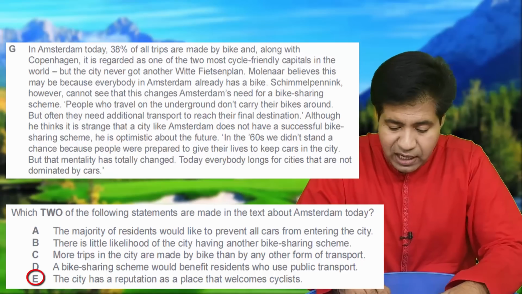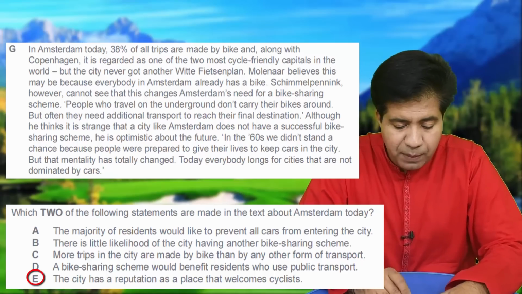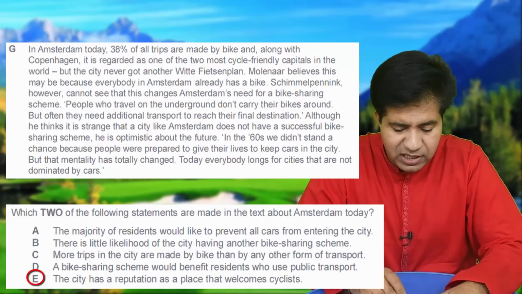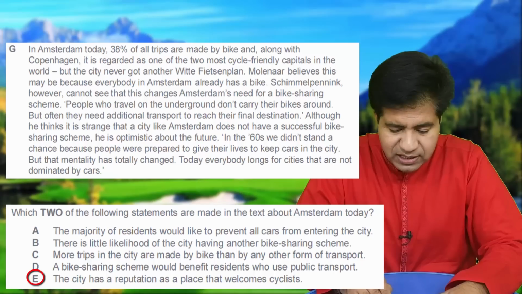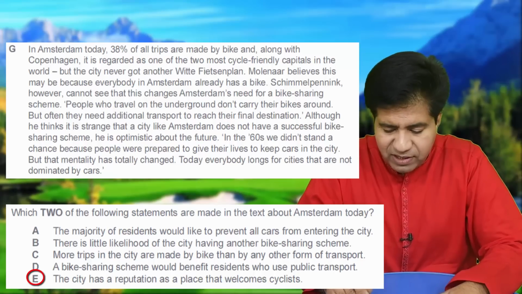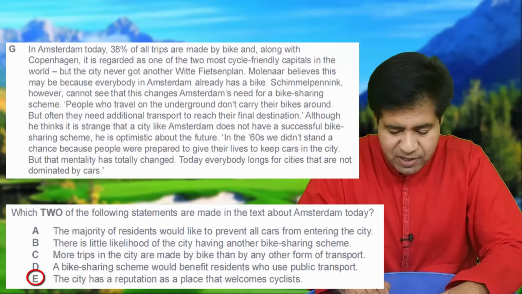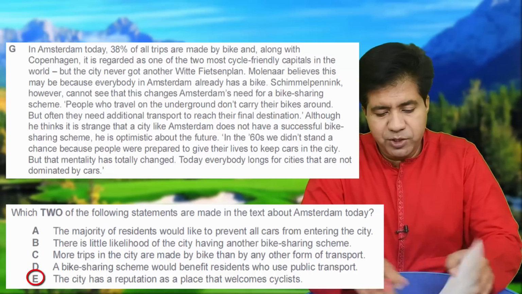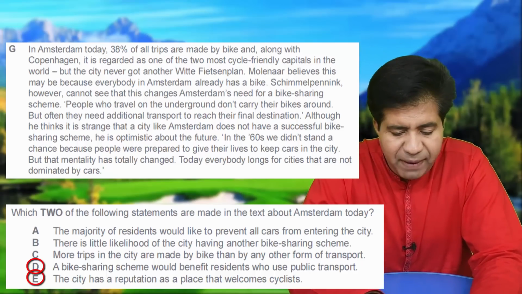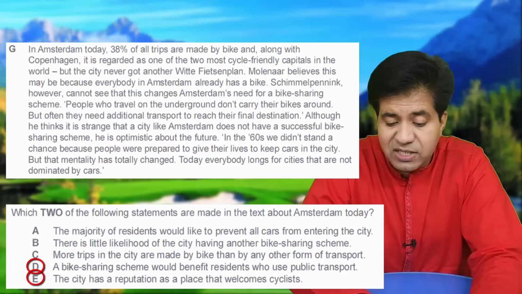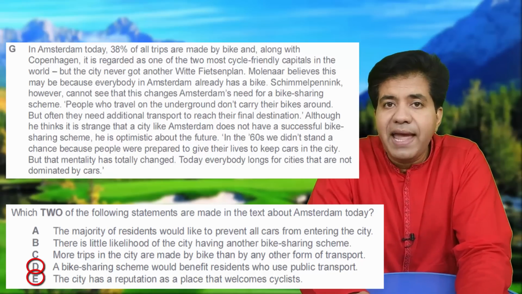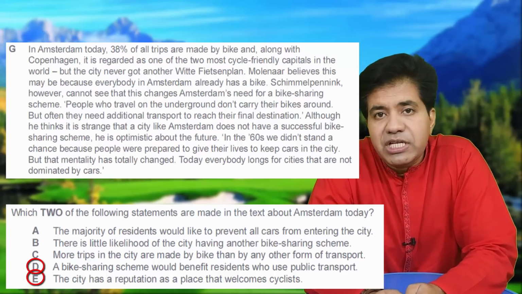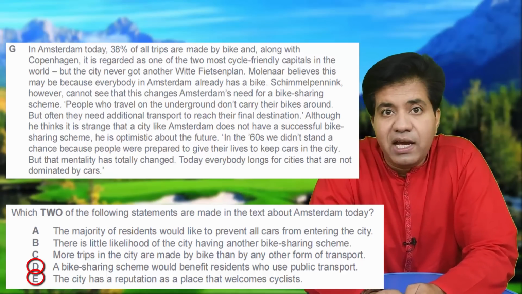People who travel on the underground don't carry their bikes around, but often they need additional transport to reach their final destination. Although he thinks it is strange that a city like Amsterdam does not have a successful bike sharing scheme, he's optimistic about the future. So actually option number D, a bike sharing scheme would benefit residents who use public transport. That is the right answer. So for question number 21 and 22, option D for doctor and E for elephant, they are the right answers.